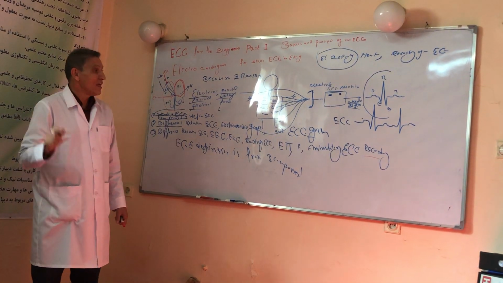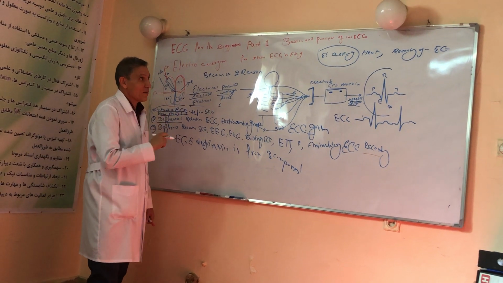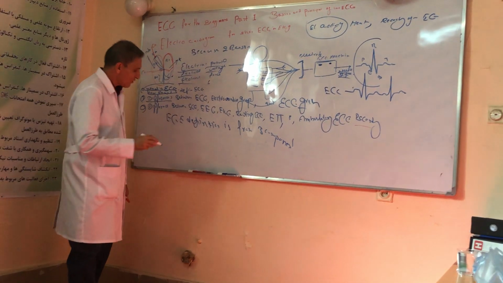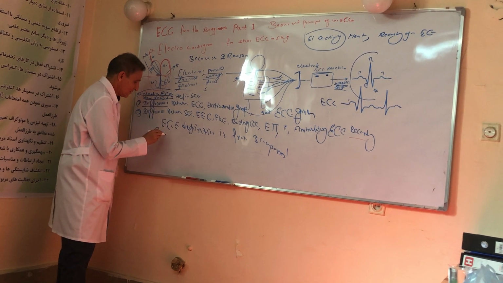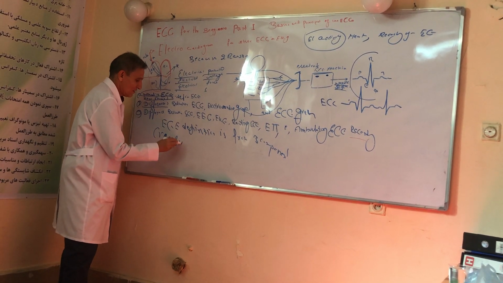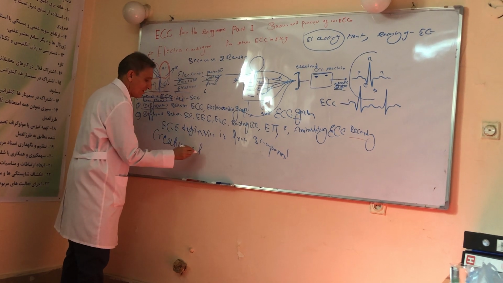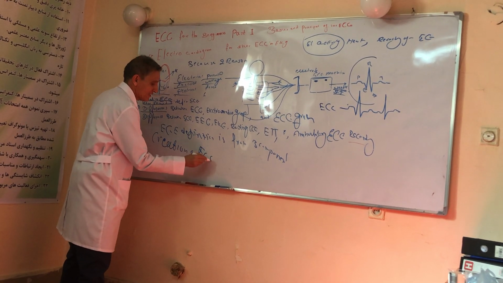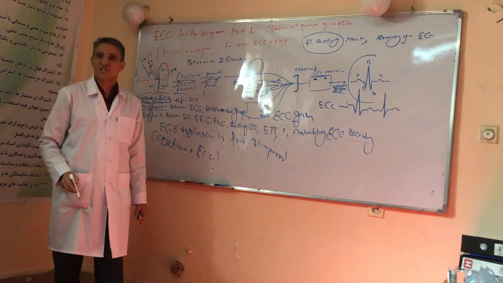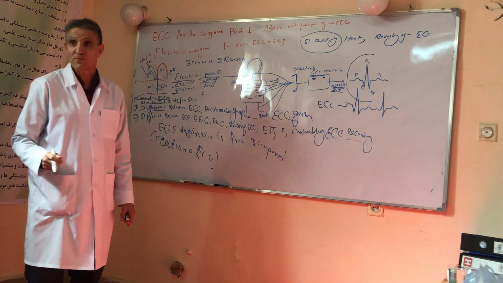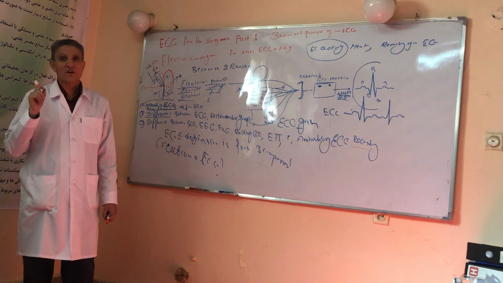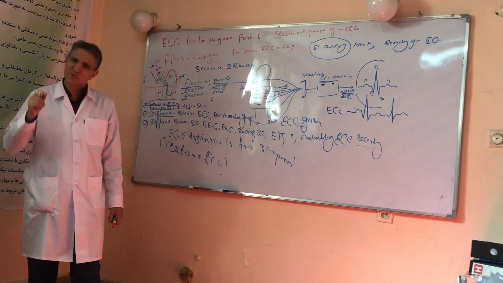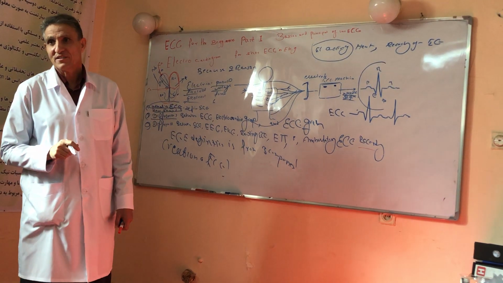So in short and simple, for the creation of the ECG, the following steps are essential. For creation of the ECG, which steps should we memorize? First, electrical activity of the heart. When we are talking about the electrical activity of the heart, we should immediately think about the ionic movements.